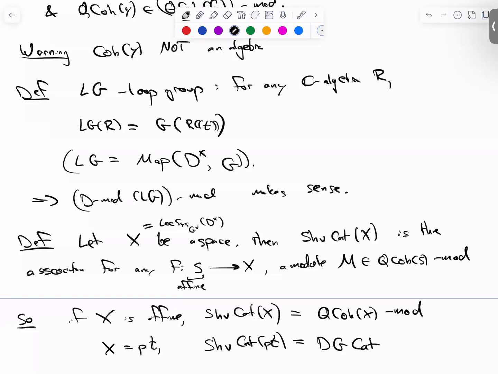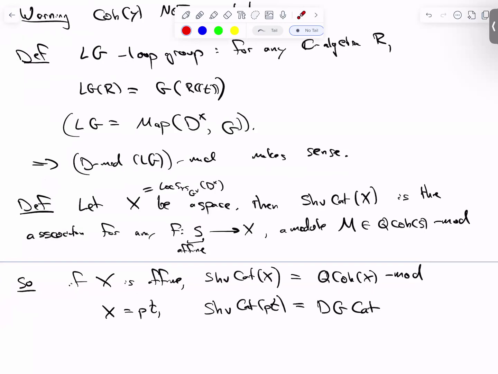So you just specify a DG category. Remember, DG categories are K-linear DG categories, and QCO X means they are OX-linear DG categories. That's the difference. Okay, so now we have made sense of both sides.